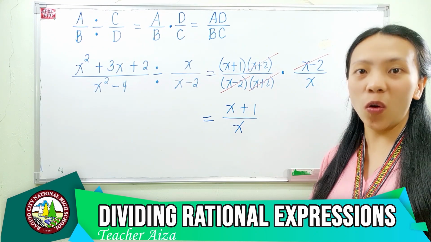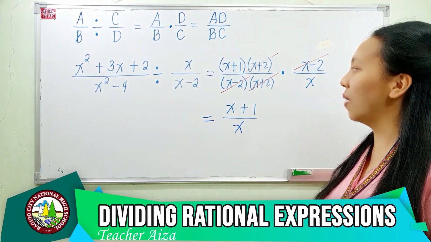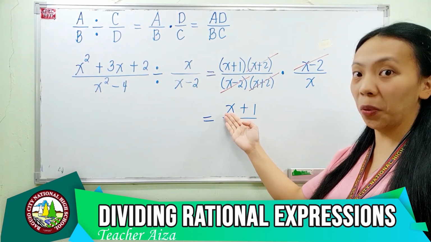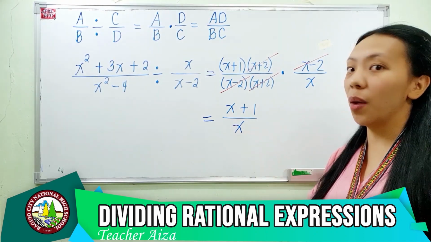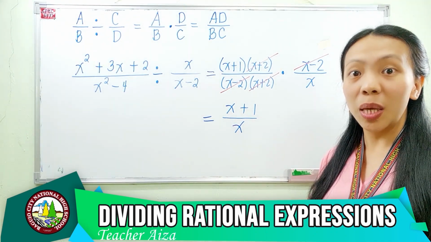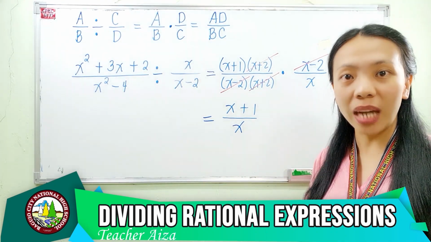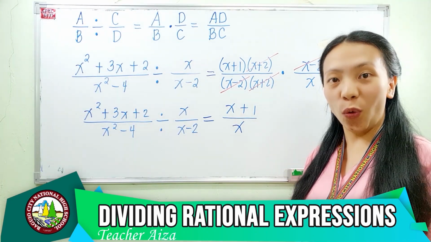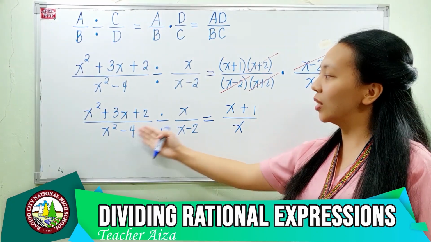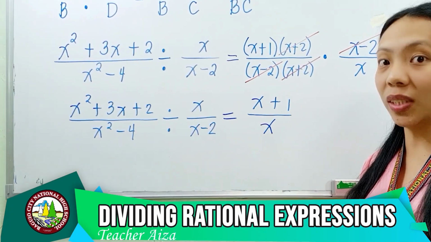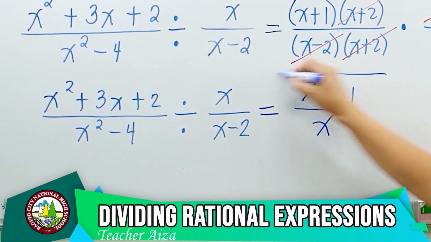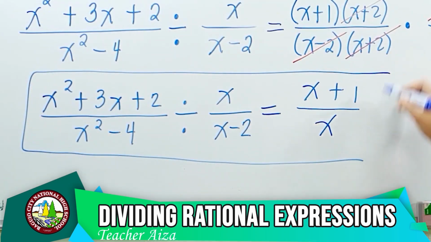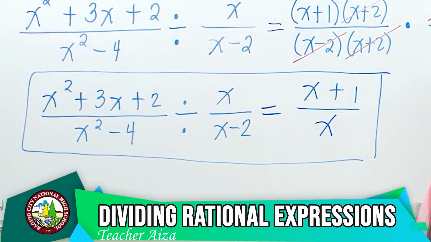Again, I am warning you, you cannot divide out x in the numerator and x in the denominator. Why not? Because they are not factors, they are terms. Therefore, the quotient of these rational algebraic expressions is x plus 1 all over x.